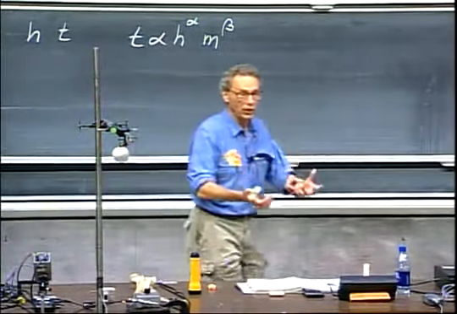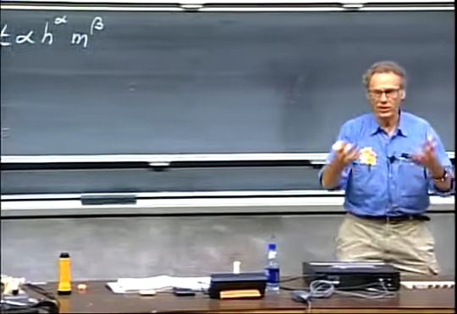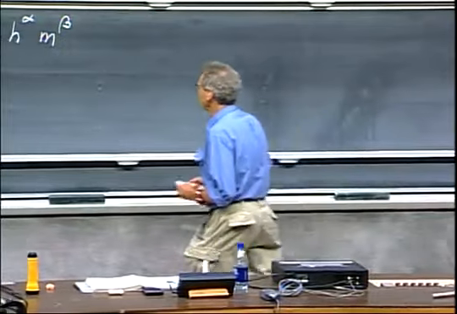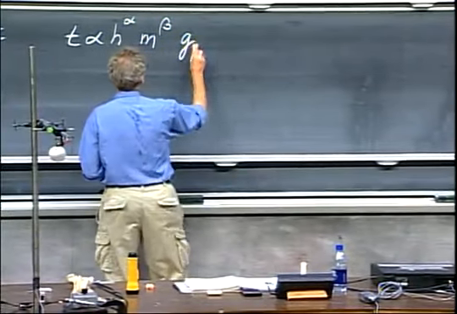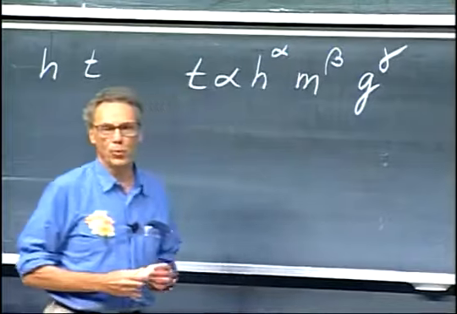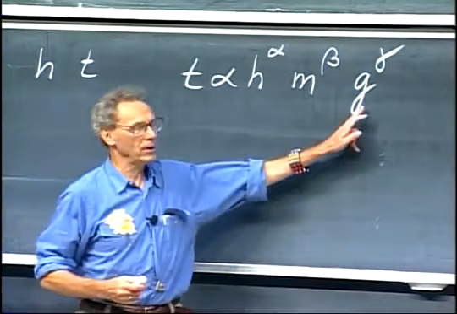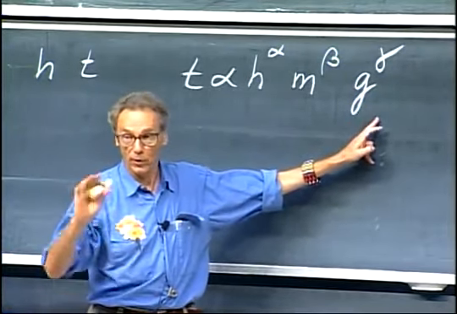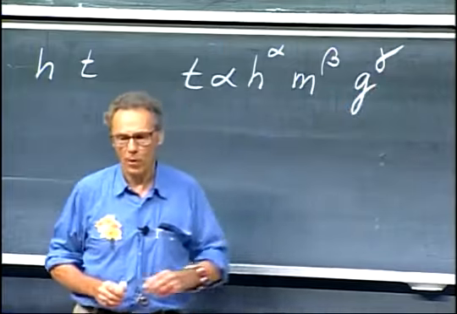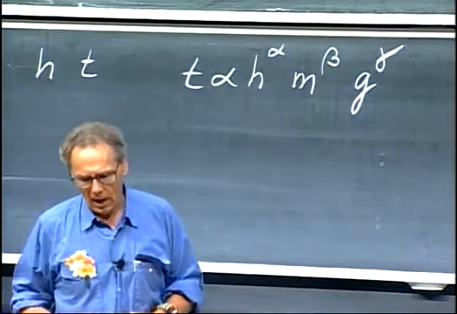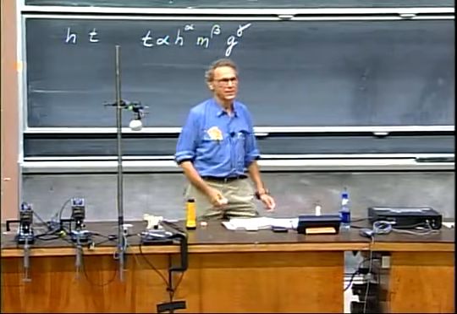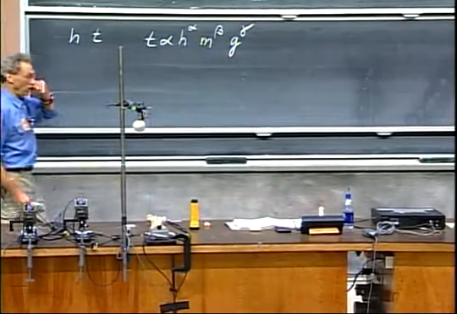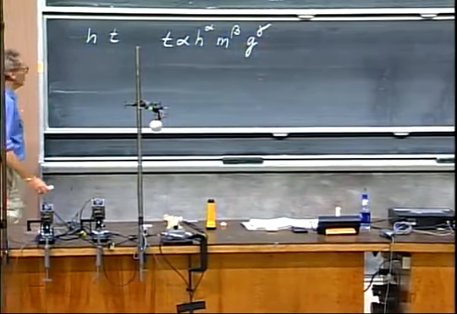There is the Earth's gravitational pull, the gravitational acceleration of the Earth. So let's introduce that too, and let's assume that that time is also proportional to the gravitational acceleration. This is an acceleration. We'll learn a lot more about that, to the power gamma. Having said this, we can now do what's called in physics a dimensional analysis.